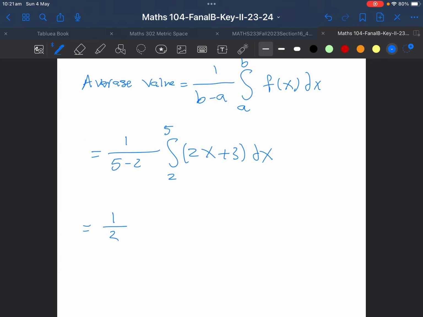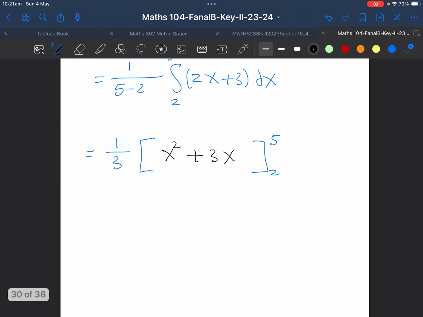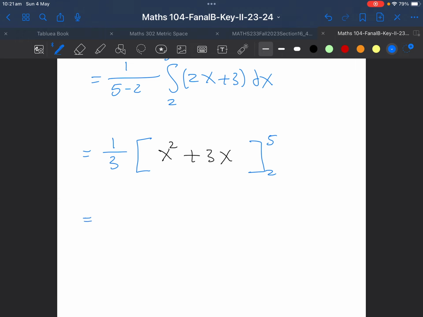which is equal to 1 over 3. And then we have the integral from 2 to 5, which is x squared plus 3x. All you need to do is substitute 5 and then substitute 2. If you substitute 5, of course, you would get two numbers and you need to subtract them.